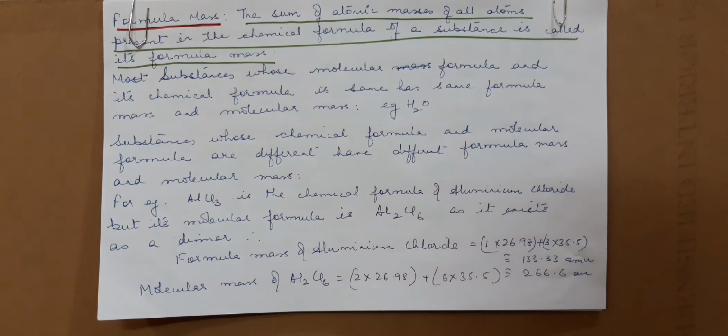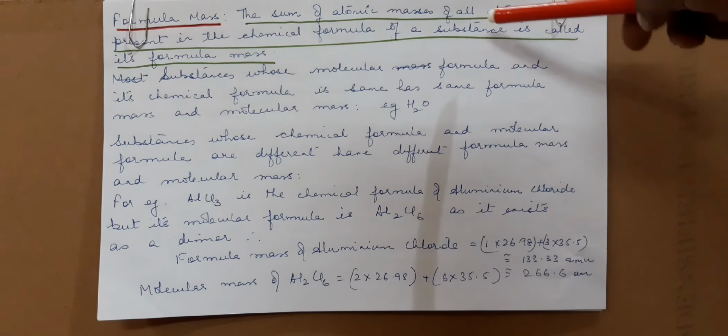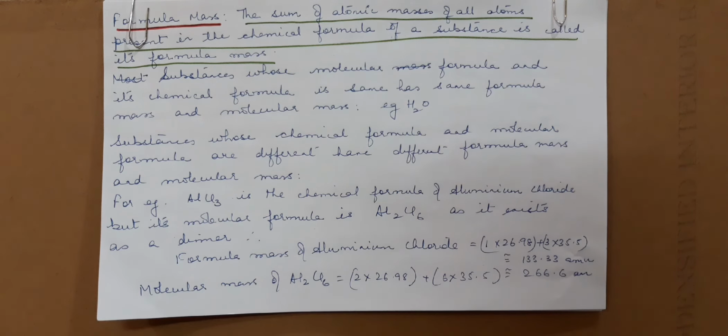The same way we have a formula mass. Now what is this formula mass? The sum of the atomic masses of all the atoms present in the chemical formula of a substance is called its formula mass. Now you'll ask me, what's the difference? NaCl is NaCl. So formula mass of NaCl would be 23 plus 35.5.